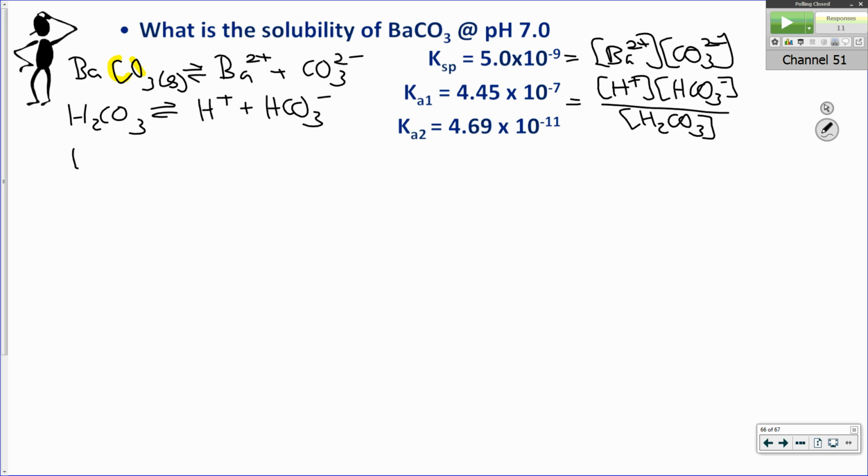Now the one that's coupled to our equilibrium is the bicarbonate dissociates to form H+ and the carbonate. But the key thing is every one of those is tied together. So I can write a Ka2 expression for it. So it would be products over reactants.